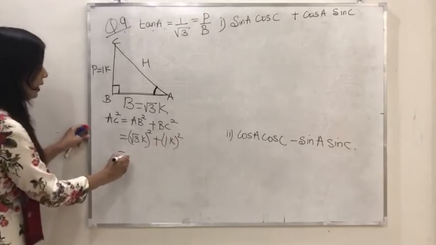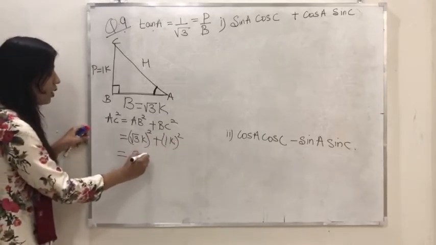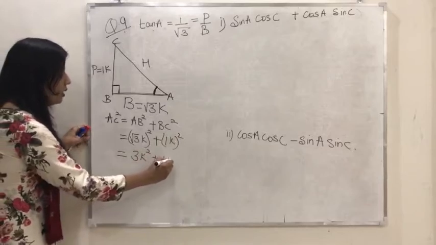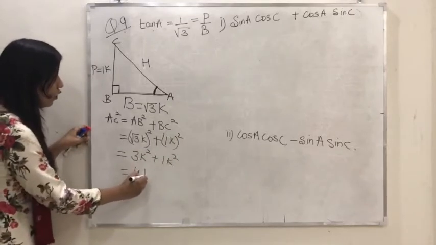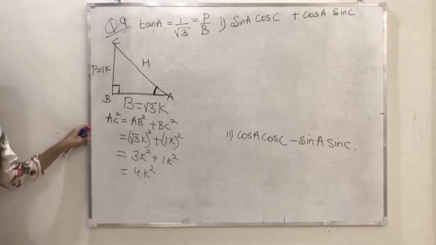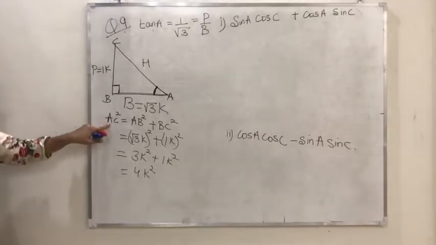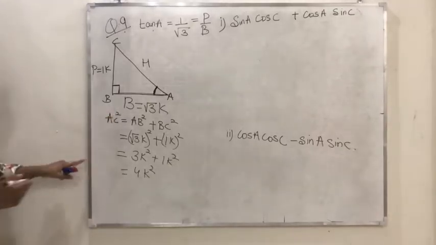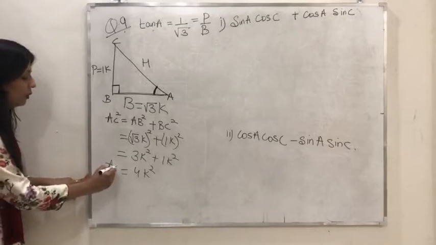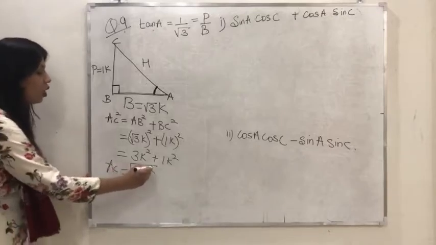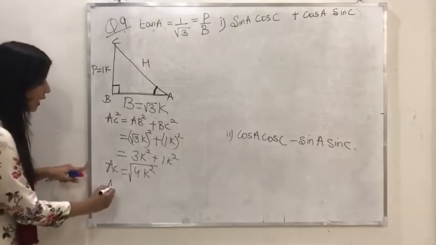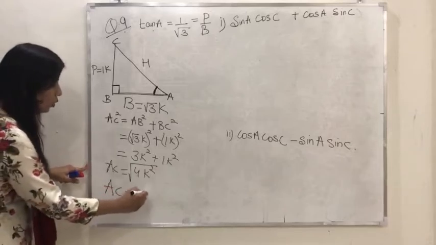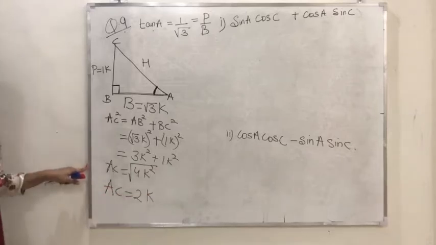So it will be 3K square plus 1K square. So 3 plus 1 is 4K square. What is this? This is the value of AC square. So value of AC will be square root of 4K square. So value of AC is 2K. Right? The value of AC will be 2K.